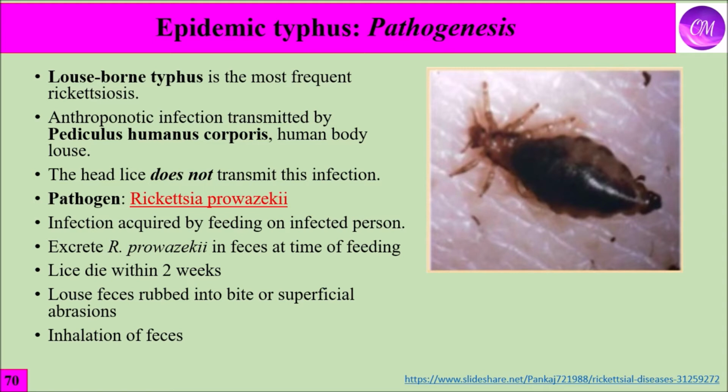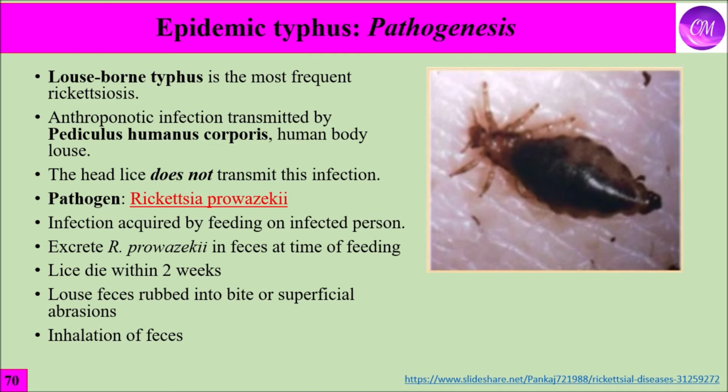Epidemic typhus is the most frequent rickettsiosis. Another name is the louse-borne typhus. This anthroponotic infection is transmitted by Pediculus humanus corporis, the human body louse. The head louse does not transmit this infection.